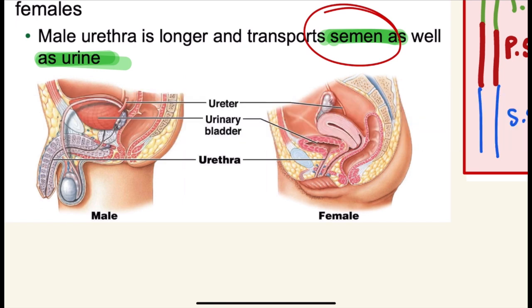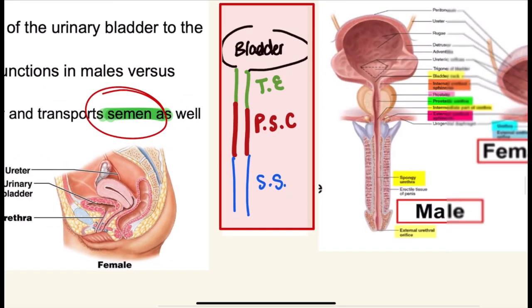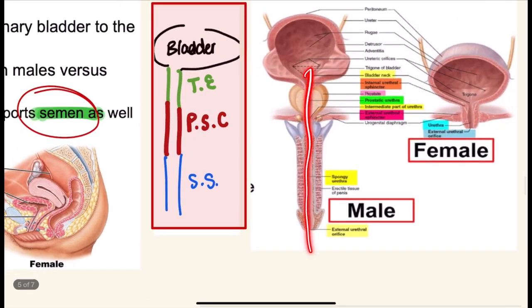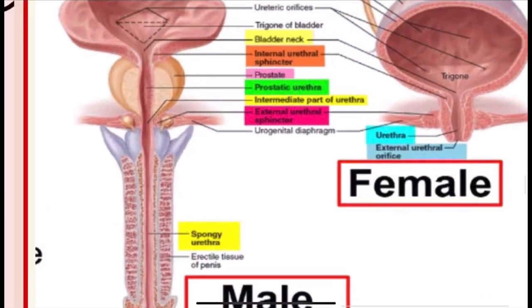Okay, so for the urethra, when we are going to be releasing the urine, it's going to be like this, right? The release of this urine is going to be controlled by two important things. What are they? They are going to be the internal urethral sphincter, which can be seen over here, which is above the prostate.